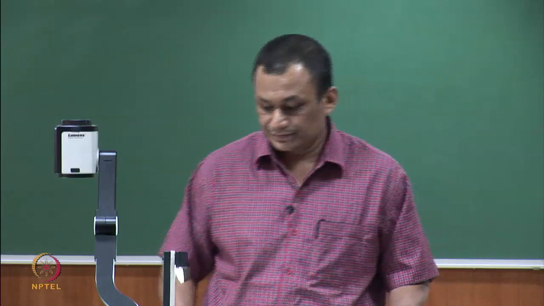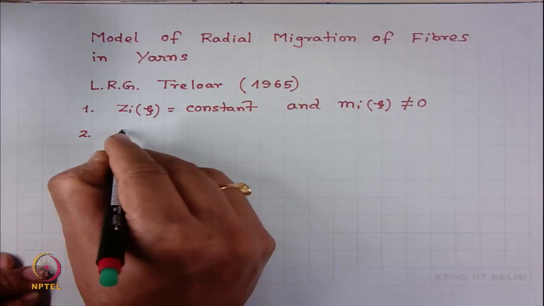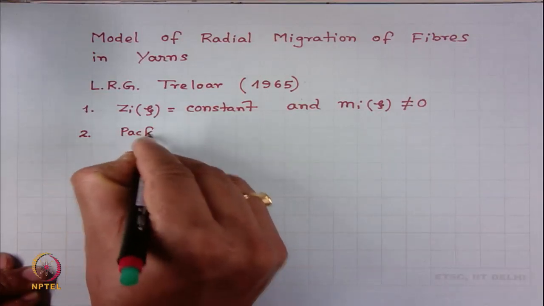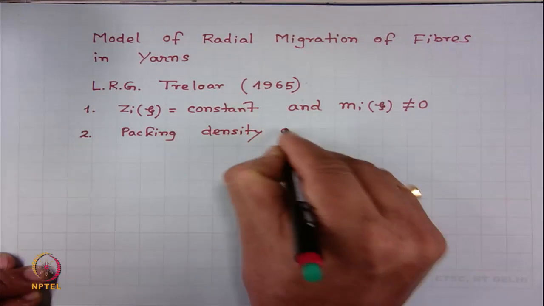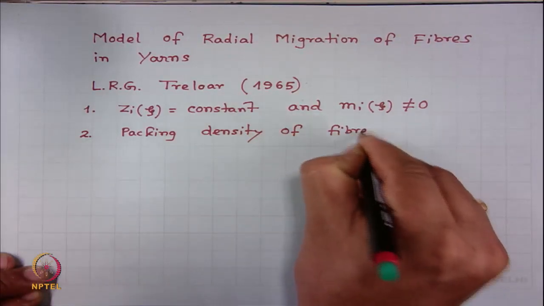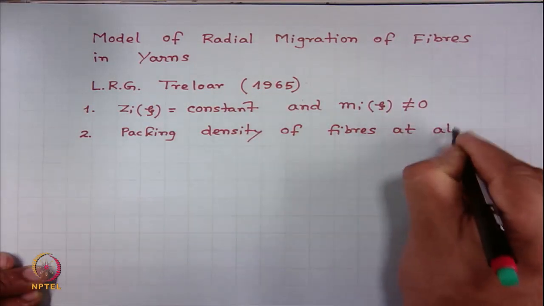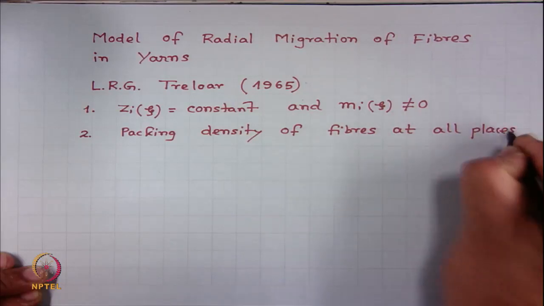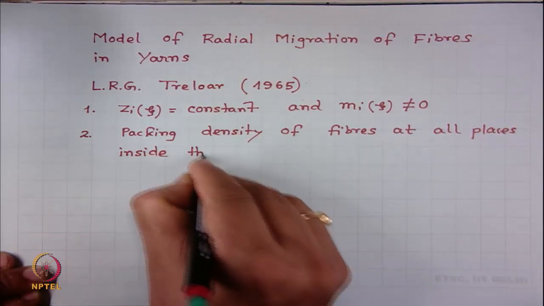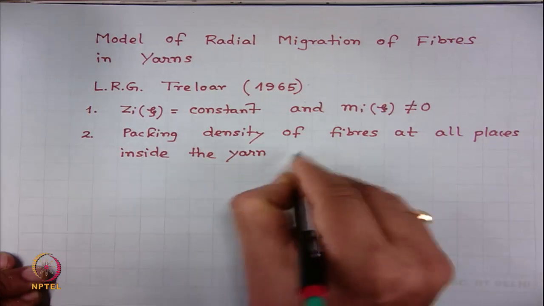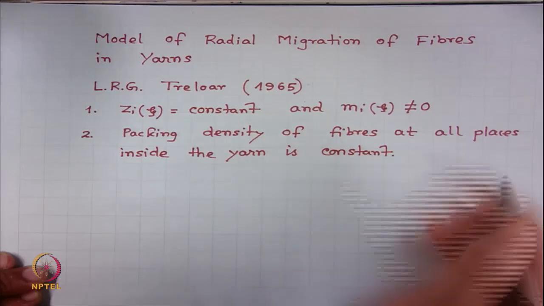The second assumption of Taylor is that the packing density of fibers at all places inside the yarn is constant.